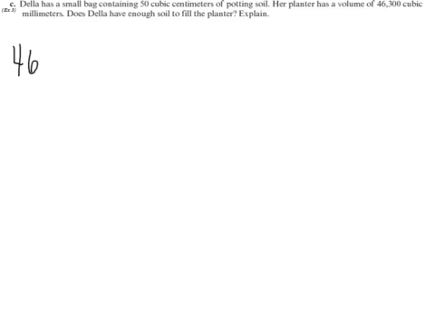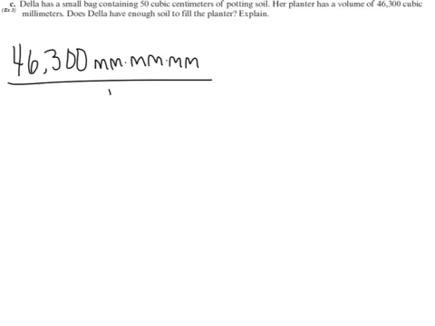So we have 46,300 cubic millimeters, which would be millimeters times millimeters times millimeters. But that means that we're going to have 3 different conversions that we have to do.